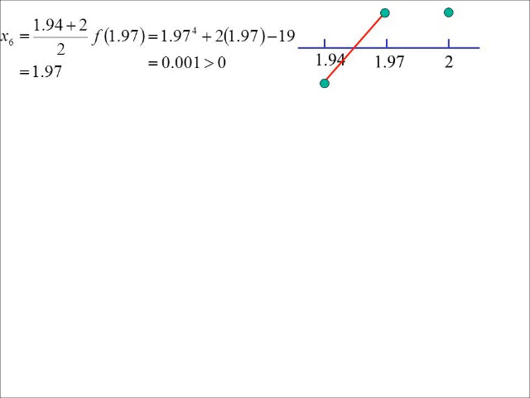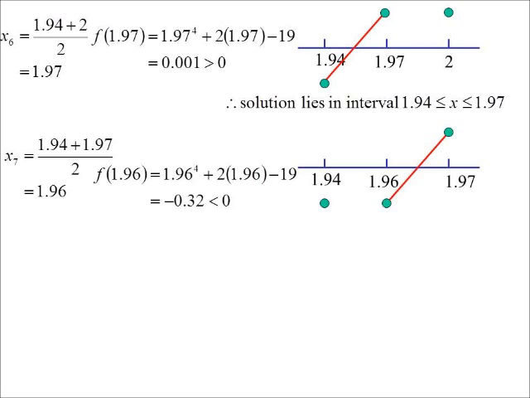Now, yes, the answer to 2 decimal places is 0, but that's not what they want. They want what you substitute in accurate. So, all right, 1.94, 1.97 and 2. We're in between 1.94 and 1.97, 1.96. 1.96, negative 0.32. So we now know the solution's in between 1.96 and 1.97.